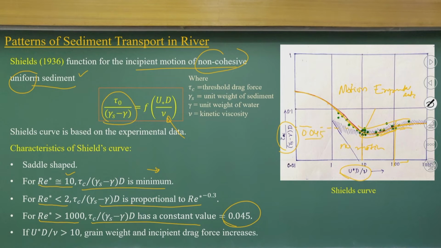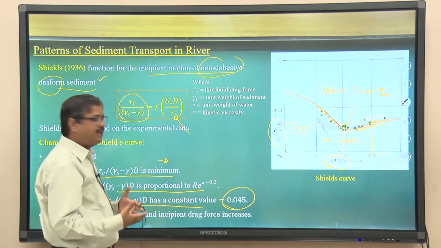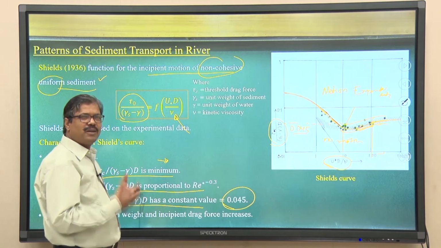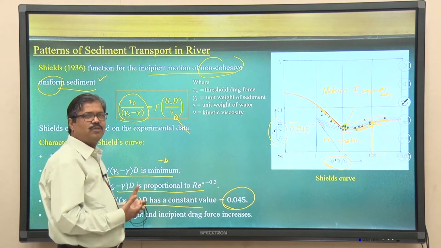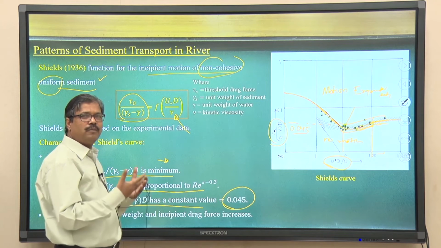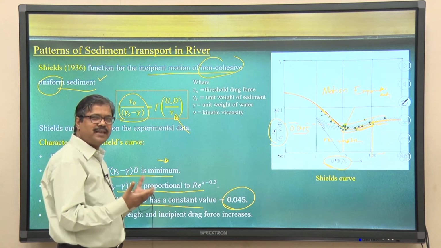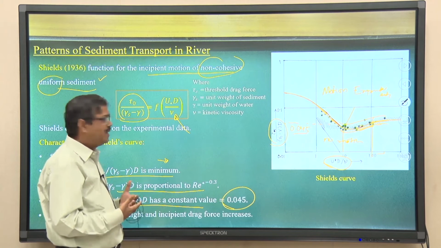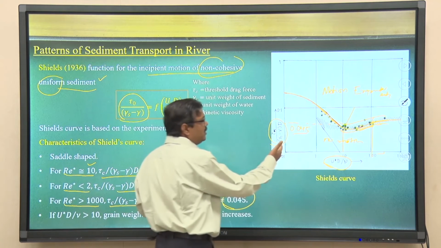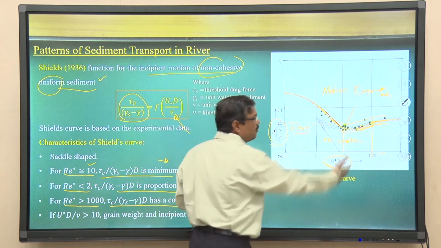0.045. So many times we say that incipient motion is independent of the particle Reynolds number. This curve is similar in nature to the curve of pipe flow, where we compute the friction factors. The nature of the curves is the same as we change from the hydraulically smooth zone to the rough zone.